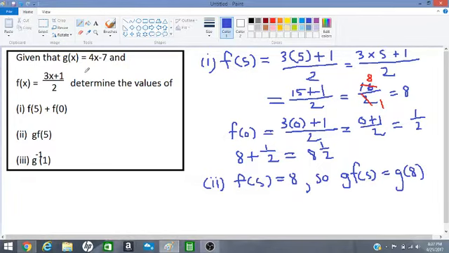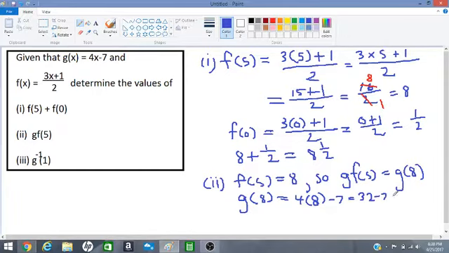So we are using the g function now. I'm circling it. So we'll have g of 8. Remember that x must be replaced by 8 now. And so we'll have 4 times 8, take away 7 using the g function. 4 times 8 is 32.